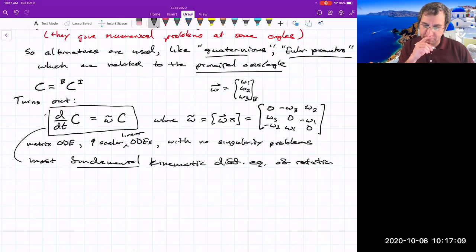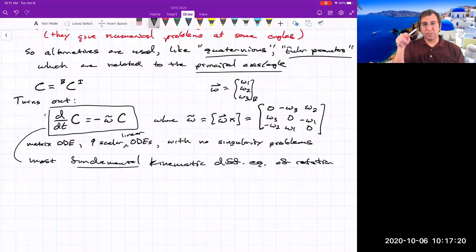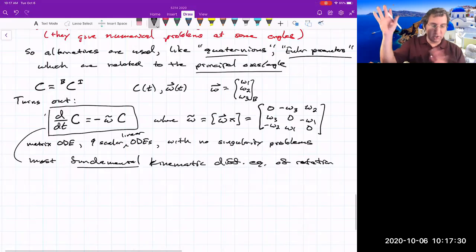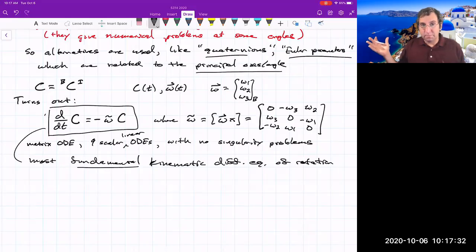And I think I've missed something here. Sorry about that. Just for reasons of convention, there's a minus sign. So the time rate of change of this C matrix equals negative omega tilde times C. Everything is changing in time, right? All the entries of C are changing in time. The omega vector is changing in time due to dynamics.